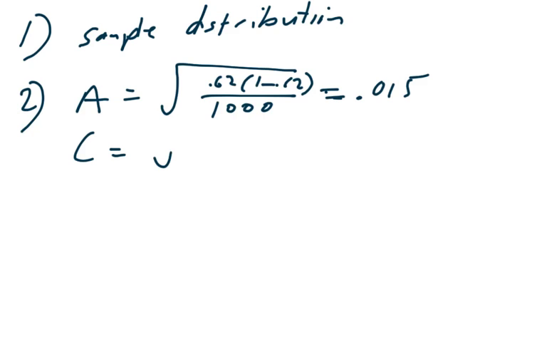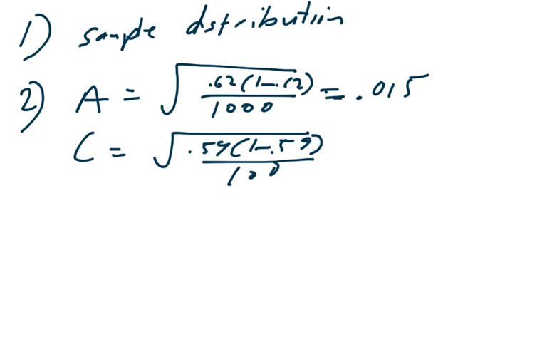And for the Canadians, we got the square root of 0.59 times 1 minus 0.59 divided by 100, which gives us 0.049. And the main reason why this one is bigger is because of the smaller sample size.